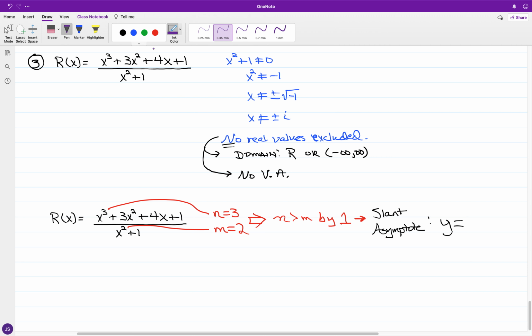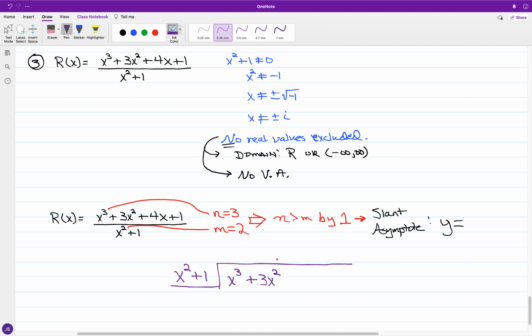Looking at what y is going to be equal to, we can perform polynomial division. Now if I had the divisor to be x plus 1, I could have performed synthetic division, but since I have the divisor to be x squared plus 1 as opposed to x plus 1, I'm looking at long division instead.